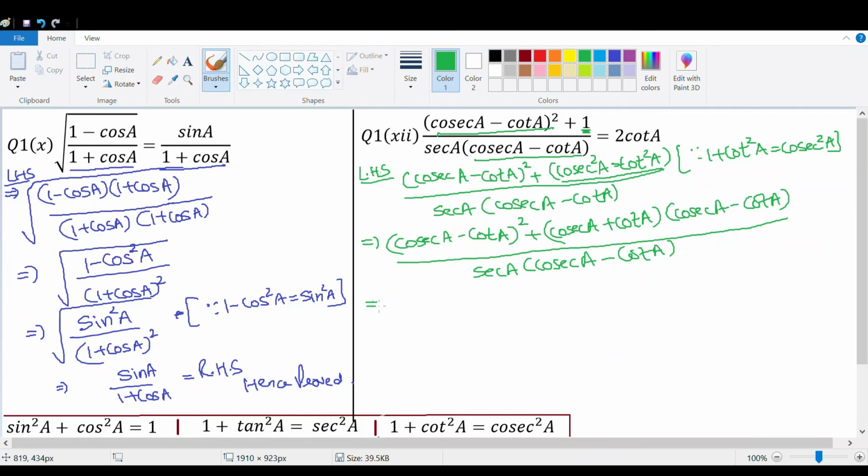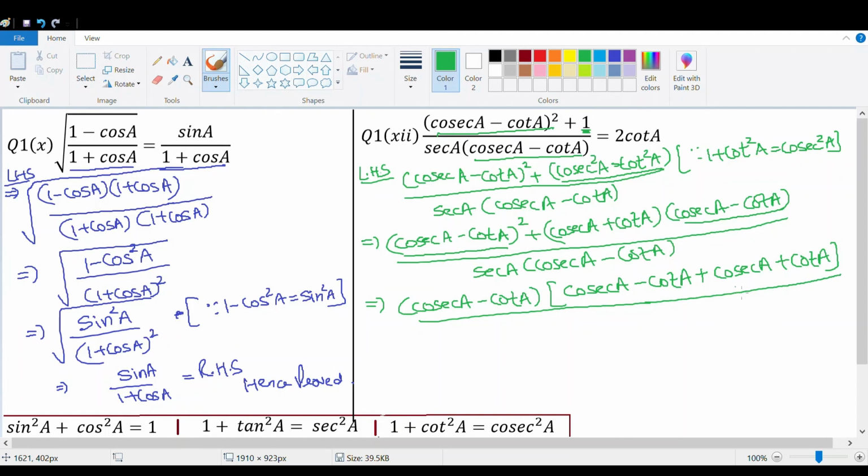Done. In the numerator, I have cosec A minus cot A common in both these terms. So I take cosec A minus cot A common, and what I am left with in the first term is cosec A minus cot A, and in the second term I'm left with cosec A plus cot A, and the denominator remains sec A times cosec A minus cot A. So in the numerator and denominator, cosec A minus cot A is common, gets cancelled.